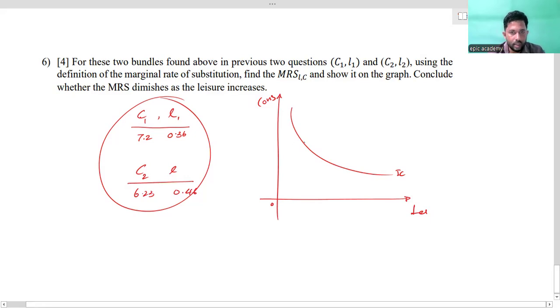In here you already identified the utility level is 5.995. This is the utility level.